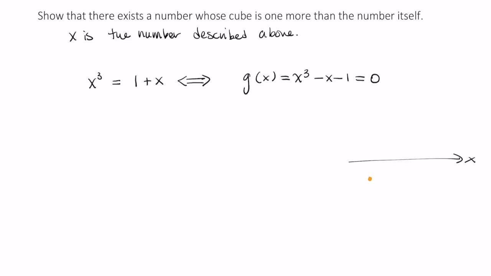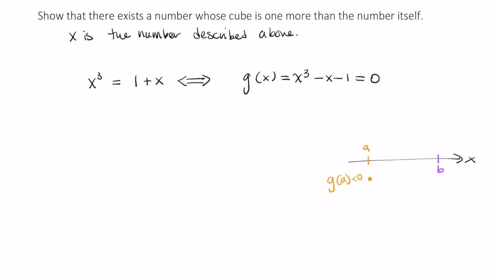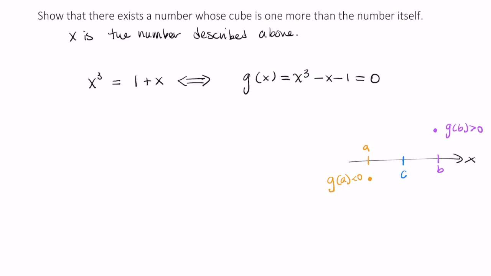I need to find one place, A, where g of A is less than 0, and then another spot, say B, where g of B is greater than 0. And then based on what we know from the intermediate value theorem, in order to connect these dots without lifting my pencil, I'm going to have to cross the x-axis somewhere, and that's what I want to show exists. I want to show that this value c exists here, such that g of c is equal to 0.